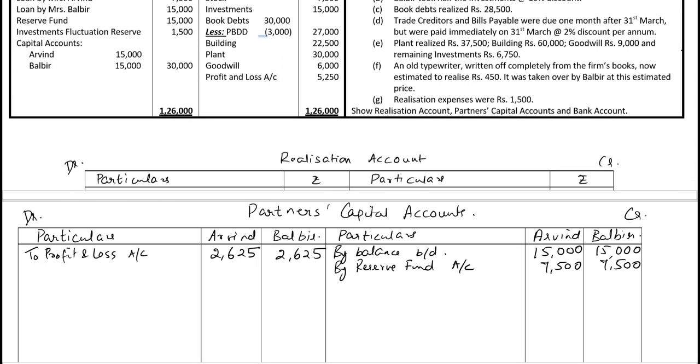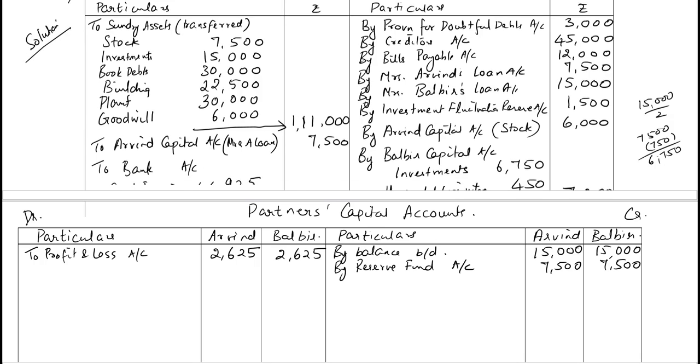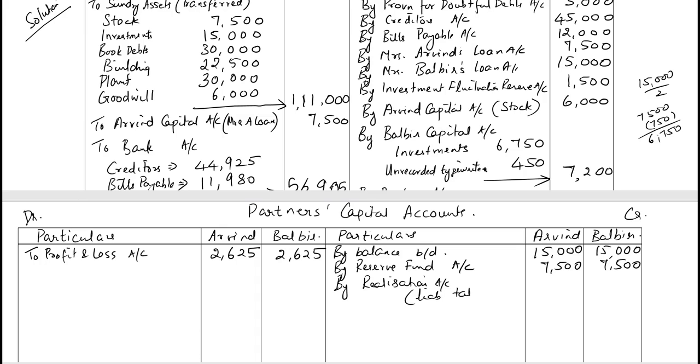We'll check the realization account for any entries. On the debit of the realization account, we have to Arvind's capital account for Arvind taking over his wife's loan. So by realization account, for liability taken over, under Arvind, 7,500 rupees.